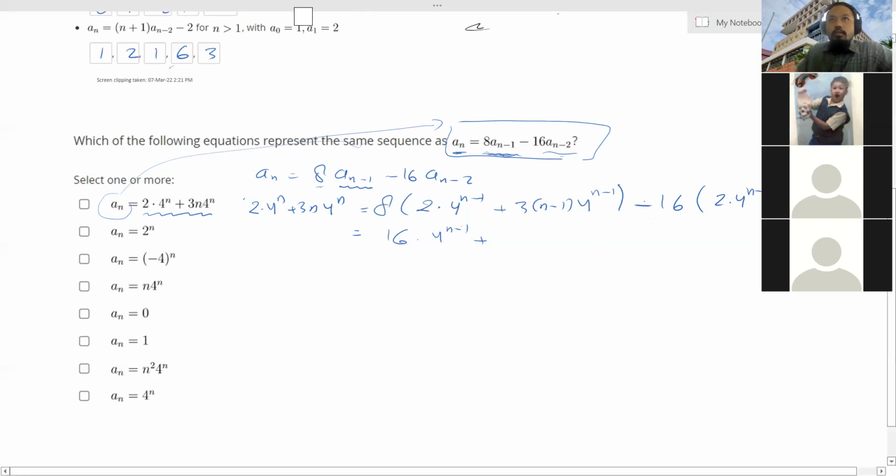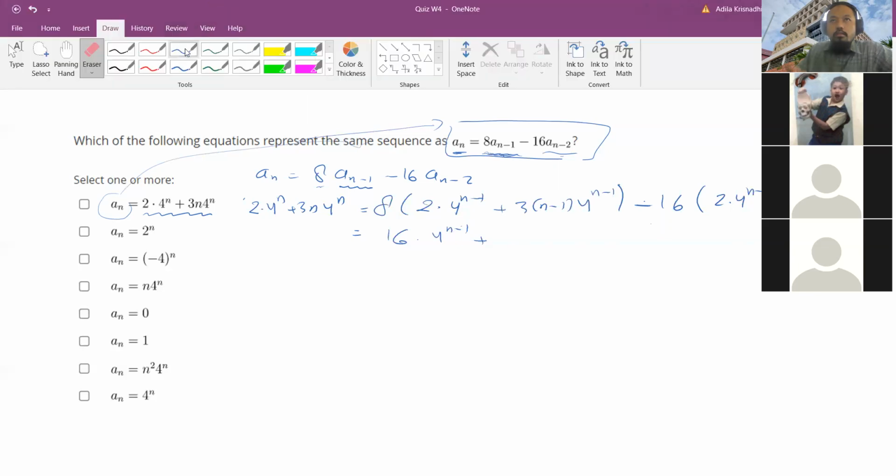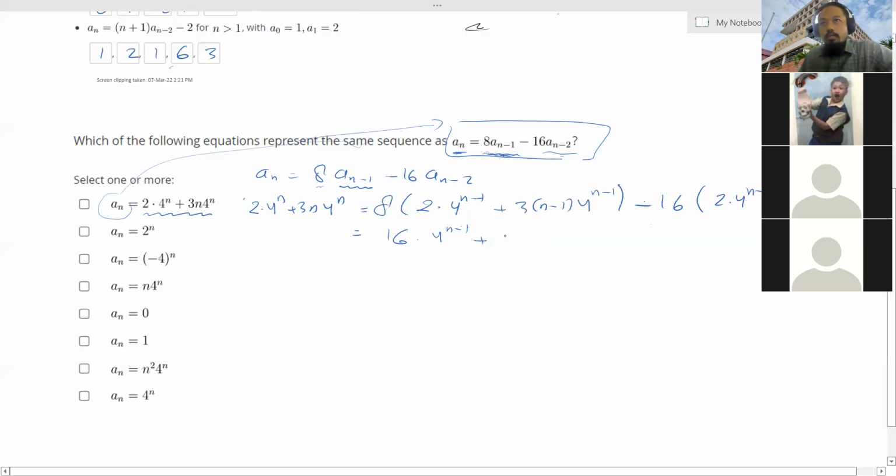So this is 16, and then we multiply them. So 24n times 4 to the power of n minus 1. Yeah. And then minus 24 times 4 to the power of n minus 1. And then you have minus 32 times 4 to the power of n minus 2.